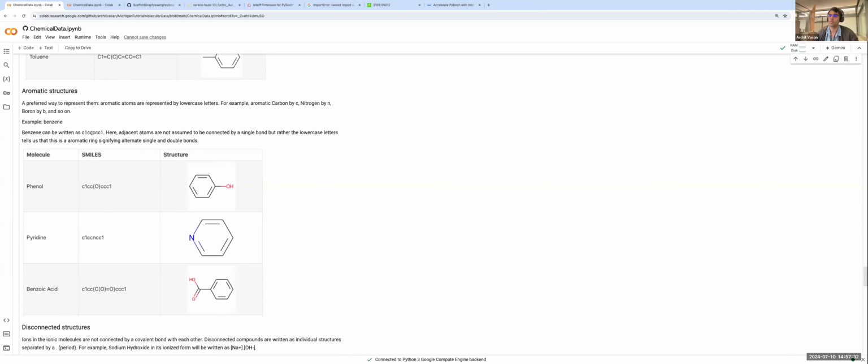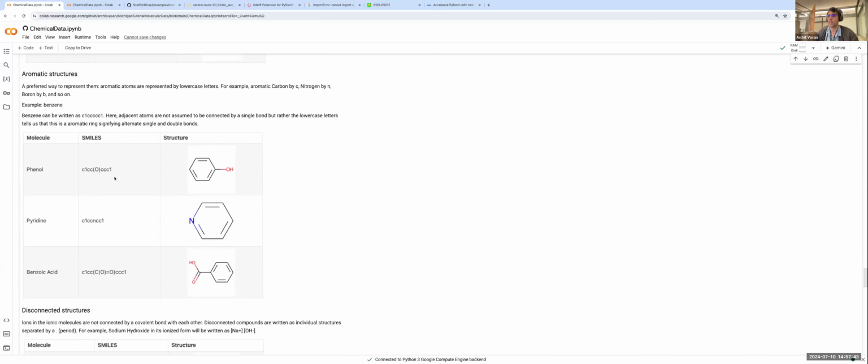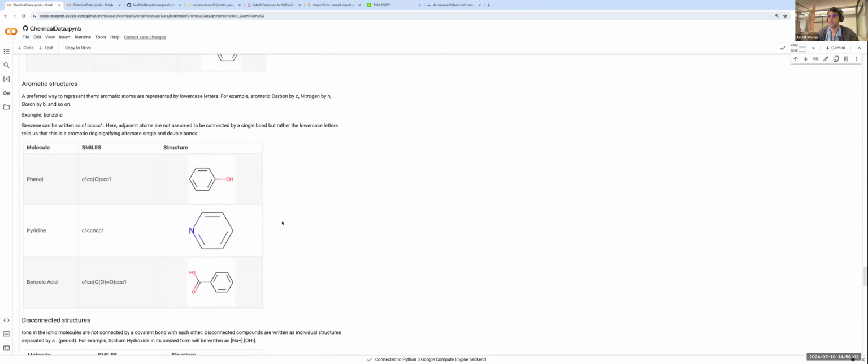And finally, these SMILES strings are also able to represent structures that have aromatics. You could represent this as this type of structure right here, but you can also represent it using a different format where any aromatic atom, aromatic just meaning that you have a double bond connected to another double bond here, can be represented with lowercase letters, like this.